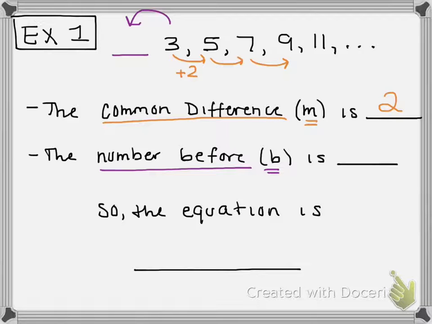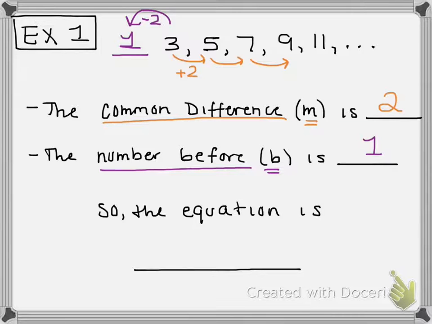Well, we know that our common difference is really like we're adding 2 each time. So to work backwards, I'm going to subtract by 2 to go the opposite way. 3 minus 2 gives me 1. You could have also maybe just done that in your head. What came before 3? So that 1 is my b value. It's the number that came before 3 in the sequence.